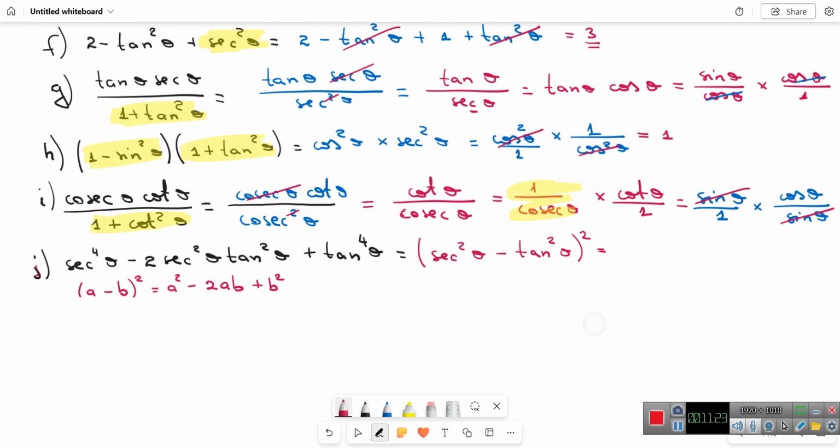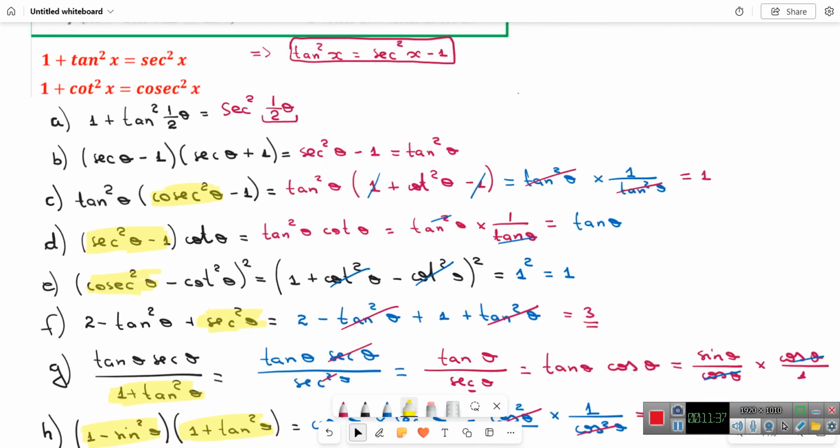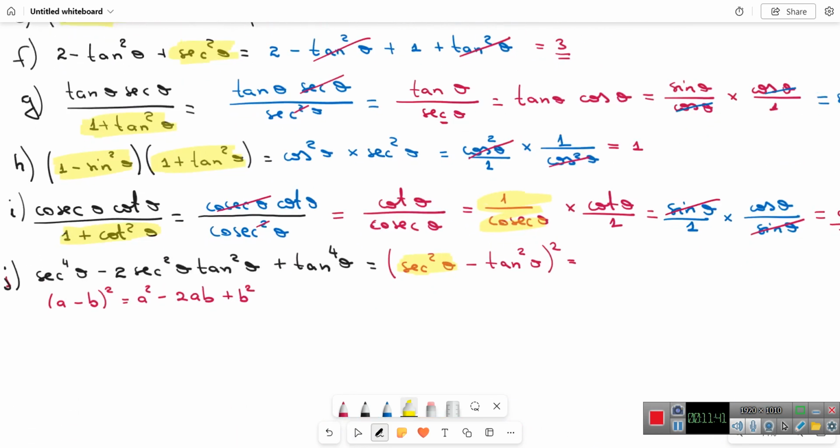Now I can rewrite sec squared of theta as 1 plus tan squared of theta.